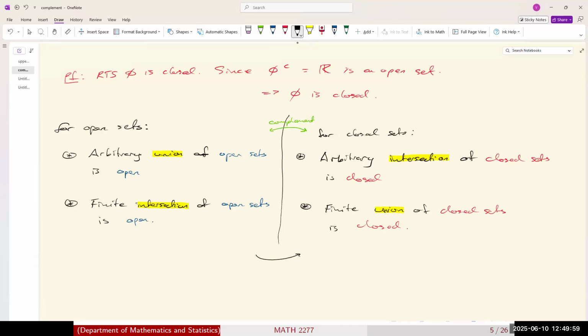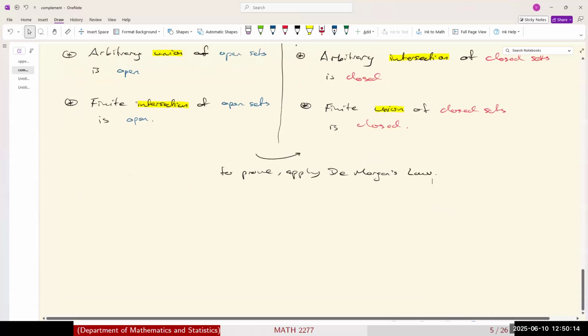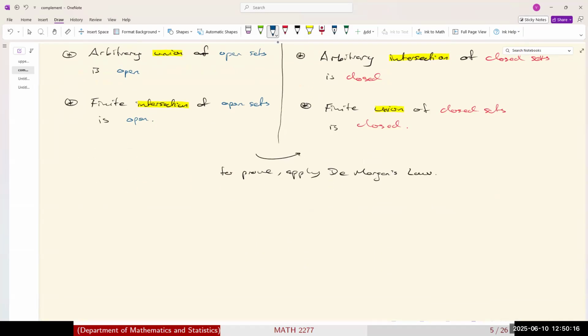All of the proofs are the same. To prove this, you need to apply De Morgan's law, right? And of course, what is De Morgan's law? Do you all remember that one? So I'll give it to you for two sets, but it extends to any number of sets.